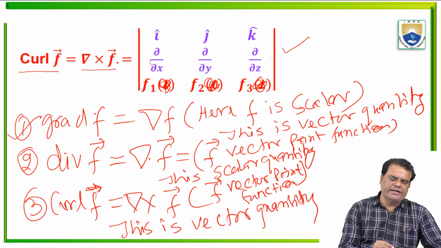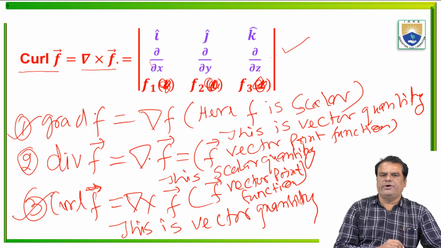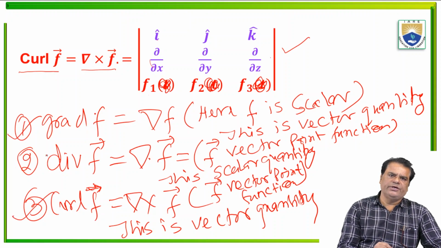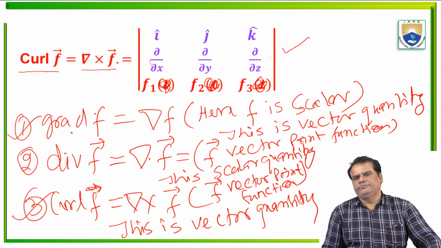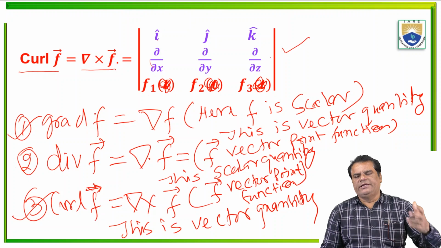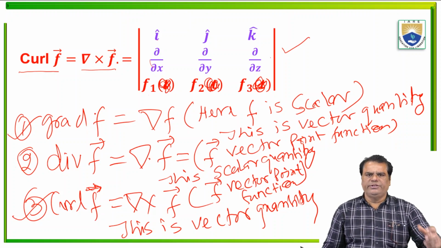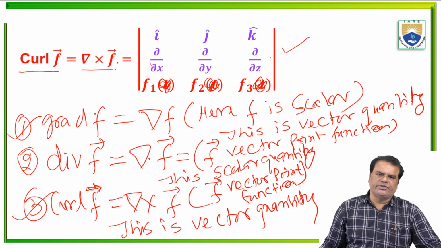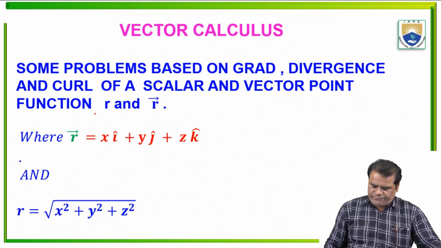So the first is a vector quantity, the last is a vector quantity, and the second is a scalar quantity. Divergence is always a scalar quantity, grad f is always a vector quantity, and curl f is always a vector quantity. These are the main concepts of grad, divergence and curl.